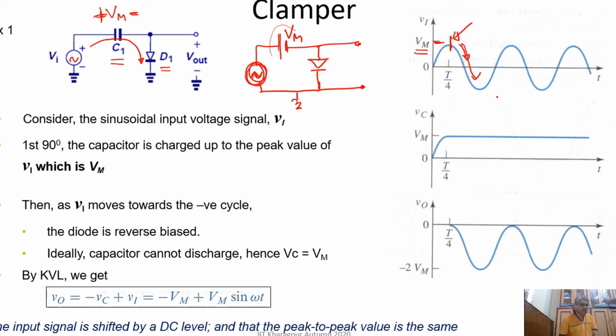So what will happen? Then this diode is an open circuit, so there is no current through this circuit and the capacitor can't discharge. So the capacitor voltage will remain the same.